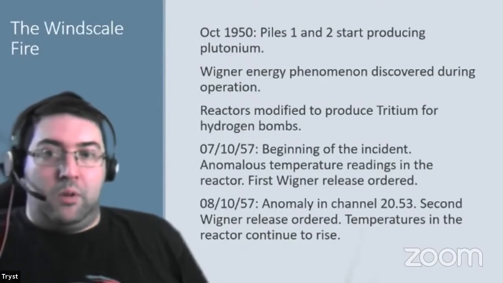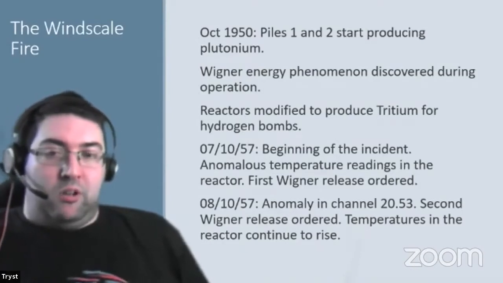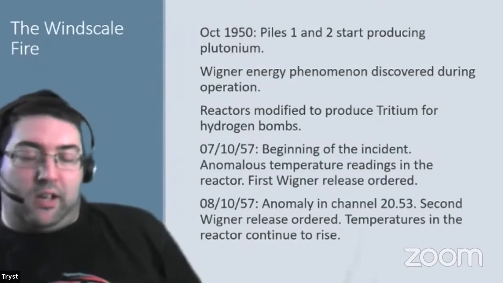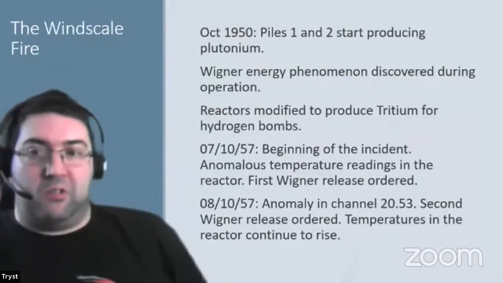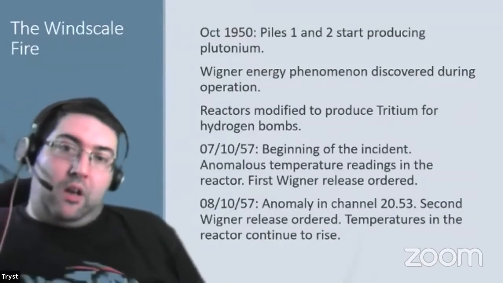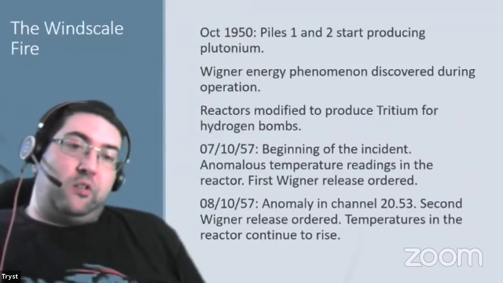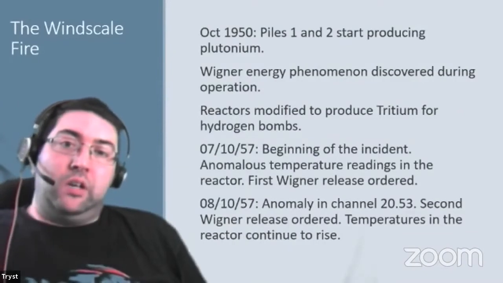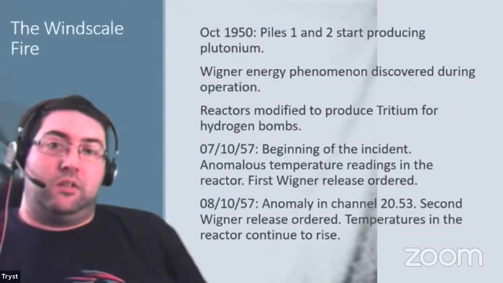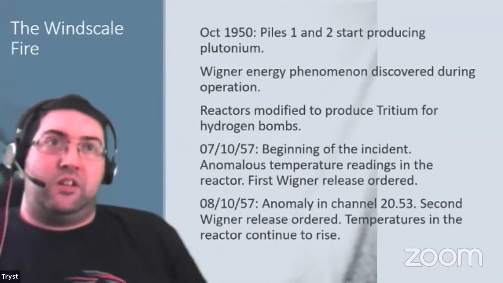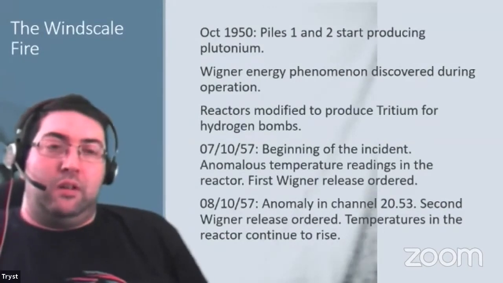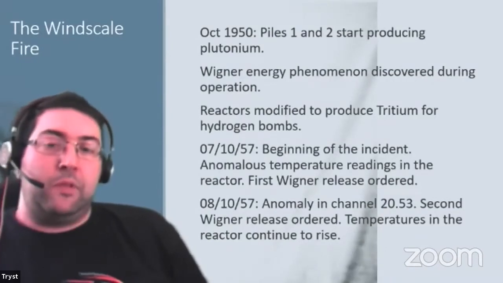And on the 7th of October in 57, it was chugging along, and they noticed that some of the temperatures from the thermocouples inside the reactor weren't quite right. So they decided to do this nuclear annealing process, this Wigner release. They did that, and the reactor heated up, cooled down a bit, but continued to be hot in channel 2053.